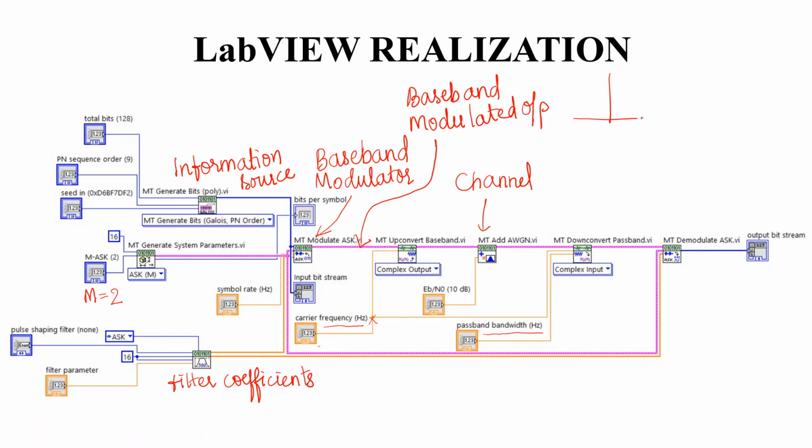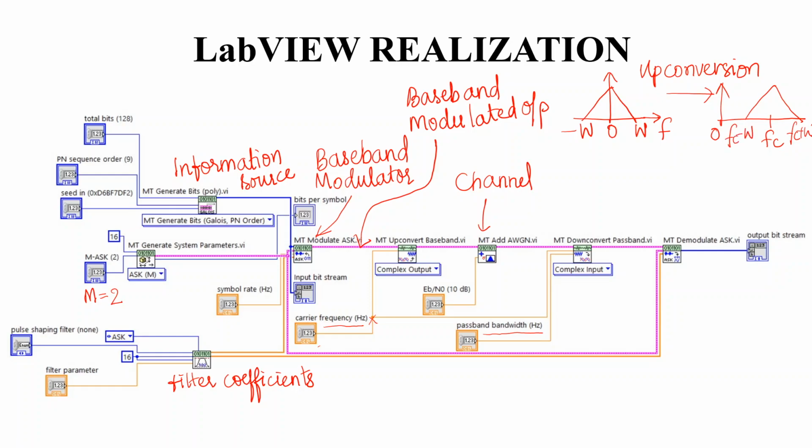Whenever you have a message information centered around 0, you know that it will occupy a certain bandwidth in frequency, which is 0 to W. When you shift the same frequency, when you do the upconversion process, this gets centered around FC, and the upper frequency will be FC plus W and the lower frequency would be FC minus W. So the total bandwidth of this signal on the receiver side would be 2W.